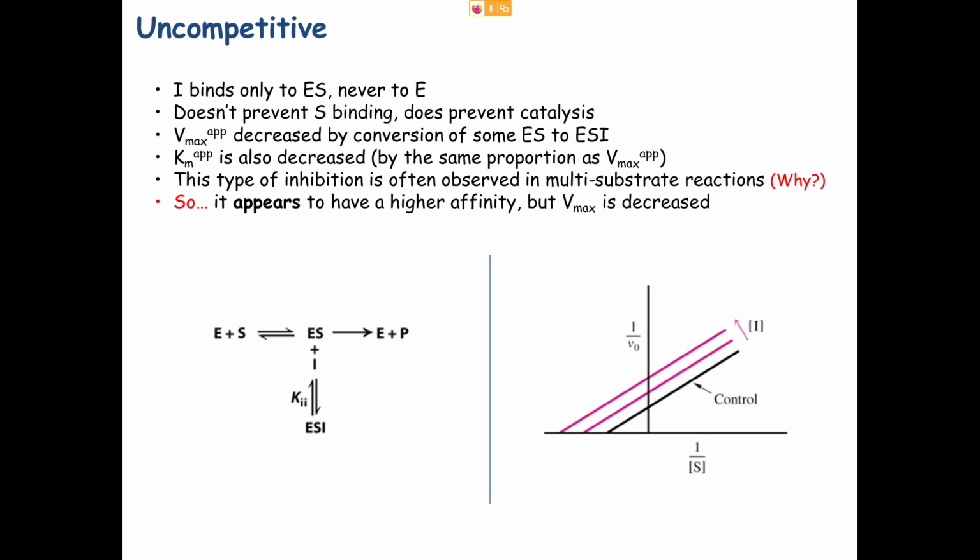Would it be wrong to say that it appears to have a higher affinity, because ES is being used for ESI, so it can dissociate into E plus P?